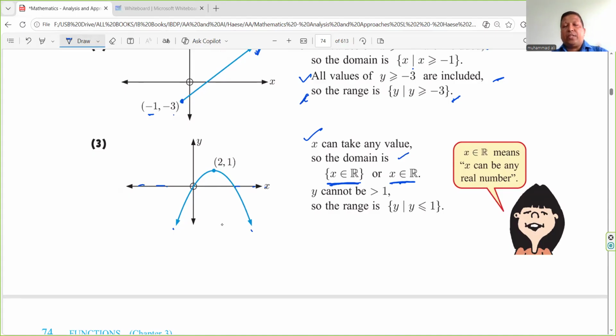And if you observe this curve, you can see the highest y value of this curve is 1, and 1 is included because this is dark. So we can say the range is {y such that y ≤ 1}.